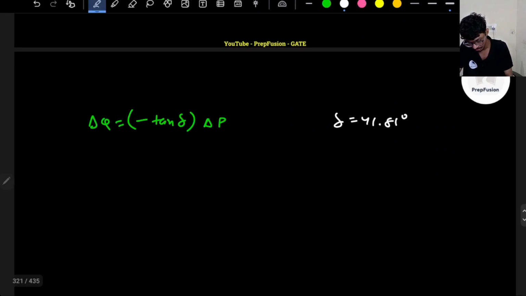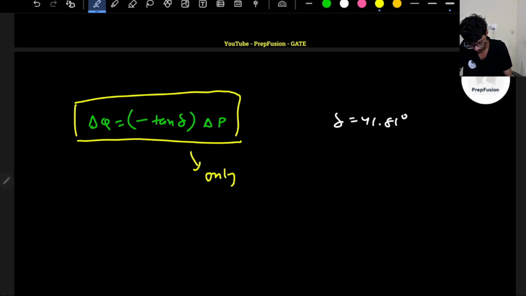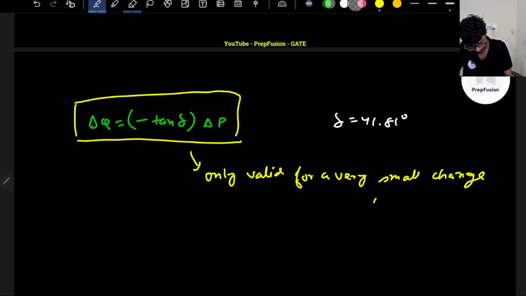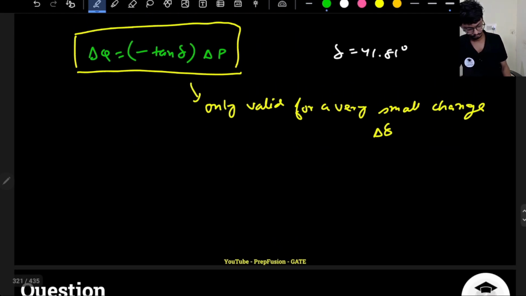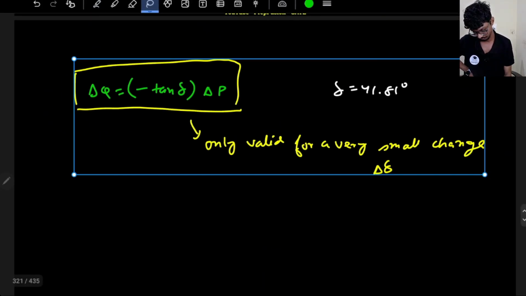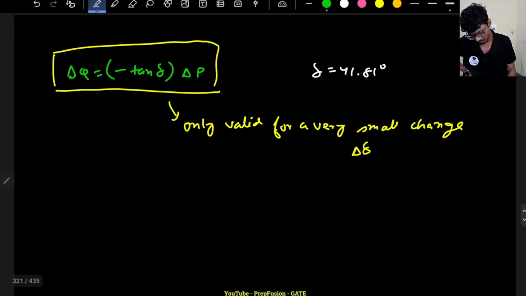Okay, this relation is only valid for a very small change in delta, otherwise it will not be valid.